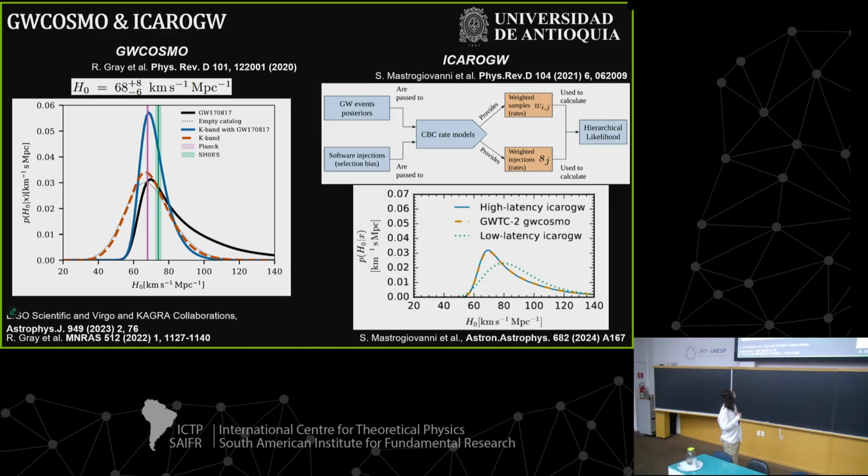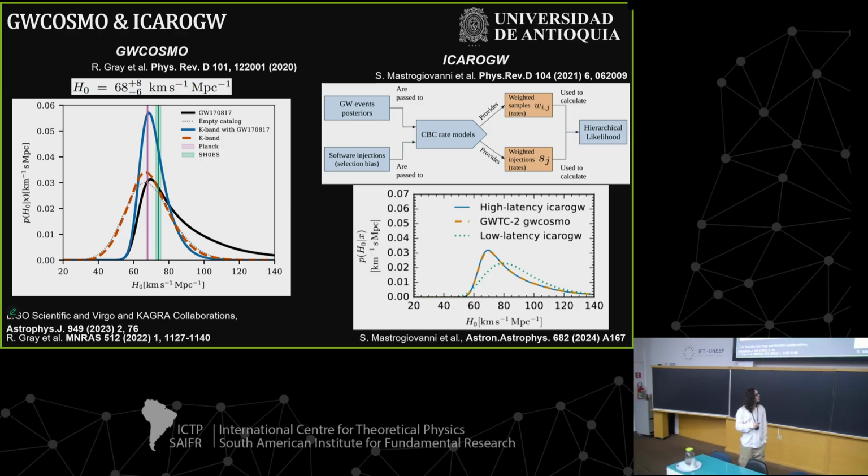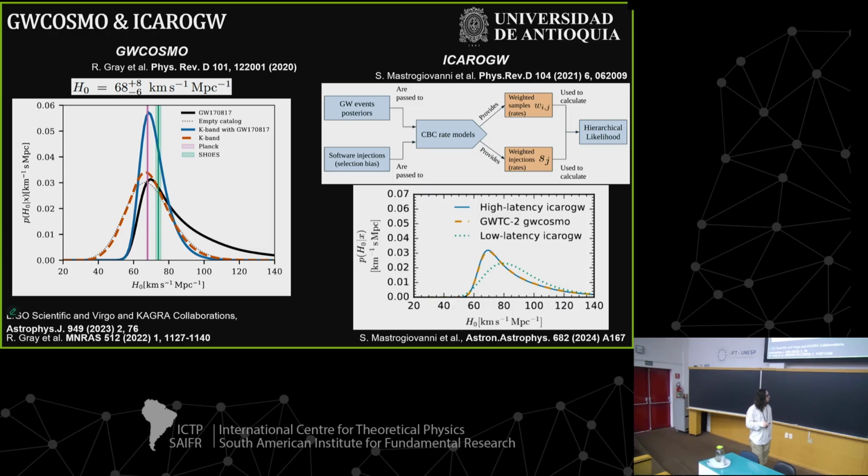I will talk about some of the things that we were involved in for GWCosmo. But ICARO-GW was also upgraded in order to incorporate the galaxy catalog information. In this case, they performed the analysis using this catalog information, fixing the CBC population model in order to compare what they get with previous results from GWCosmo. So that's the idea here.